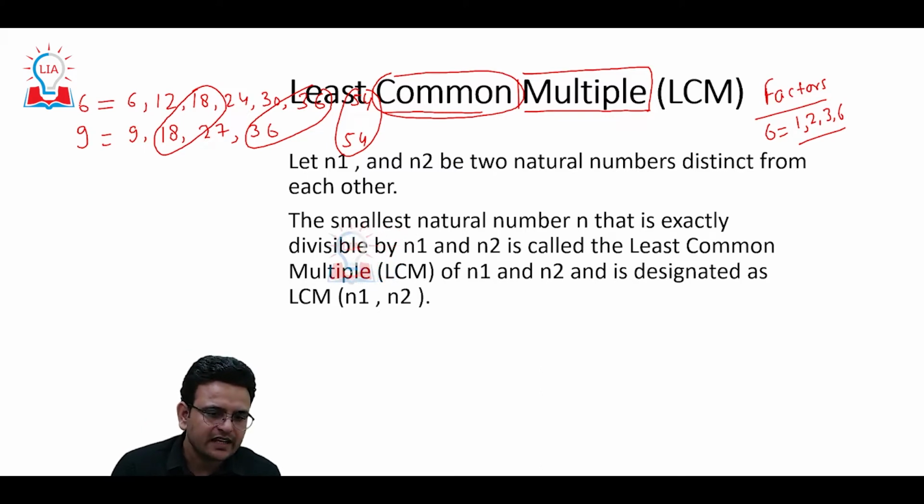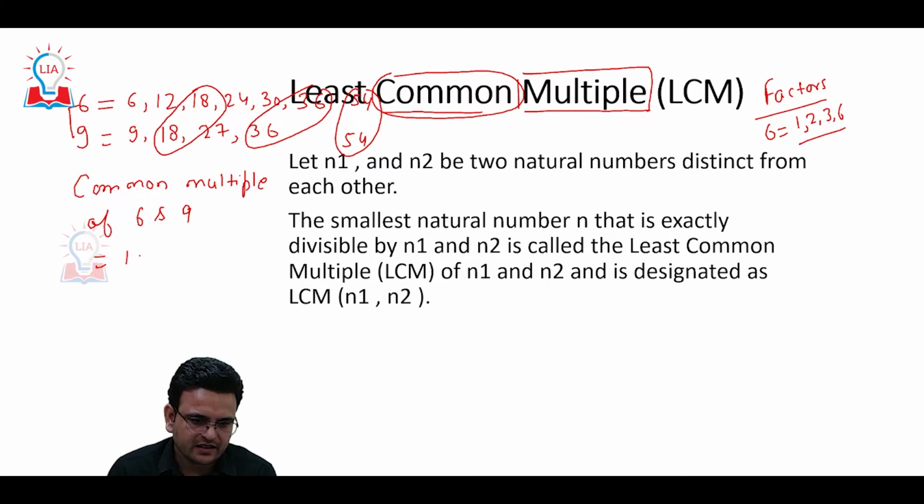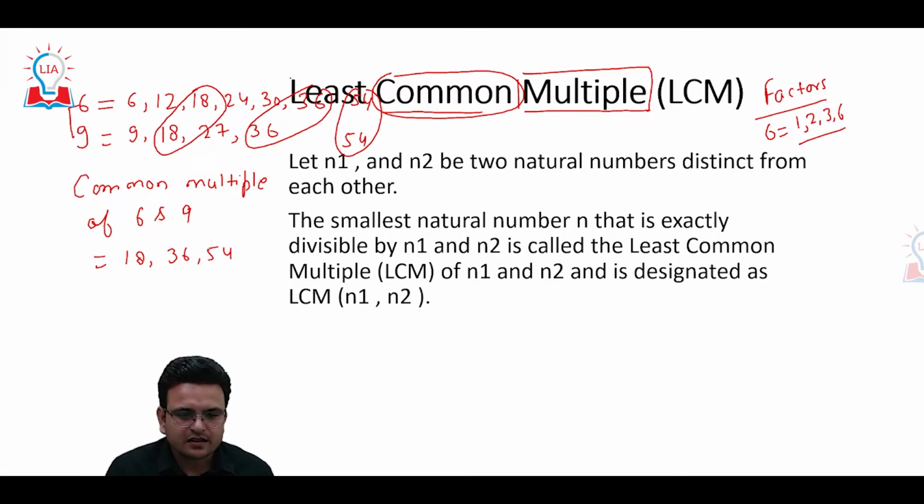Both 6 and 9 have common multiples. The common multiples of 6 and 9 can be 18, 36 and 54.